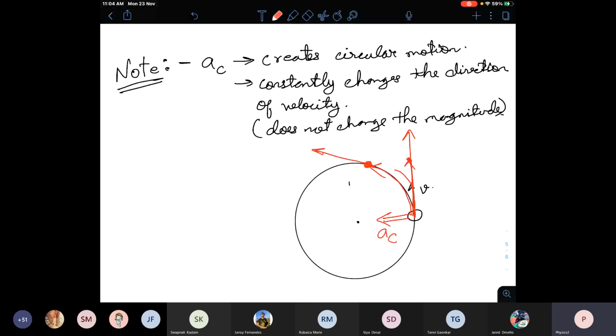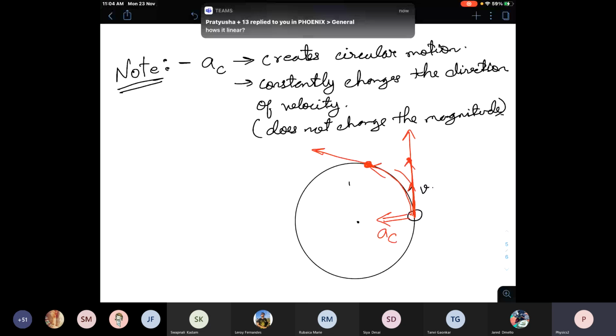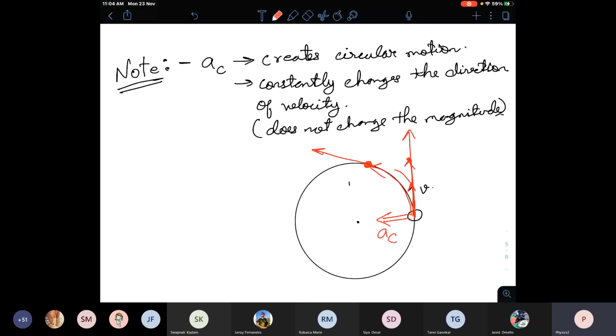How is it linear? See, linear means something which can be represented along a straight line. Now, when I drew centripetal acceleration like this, is it not along the radius? And is not radius a straight line? So it is a linear acceleration.